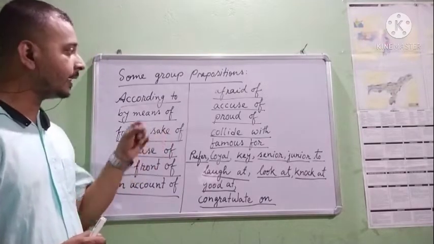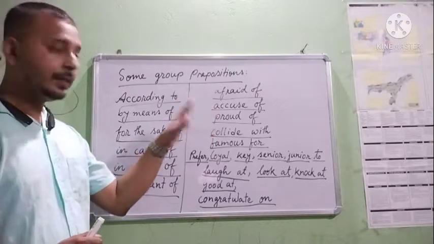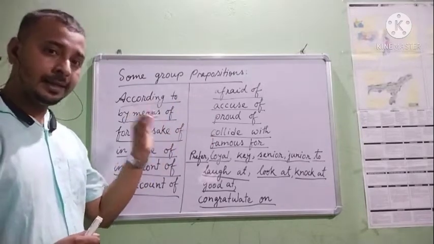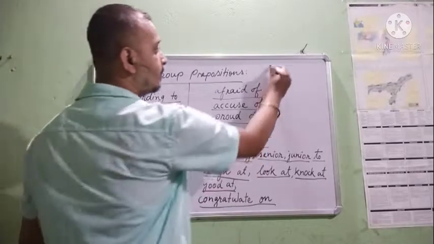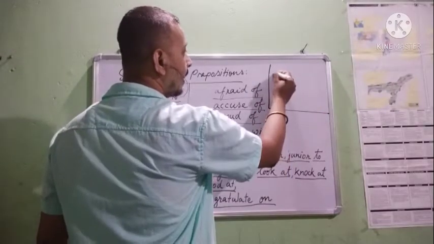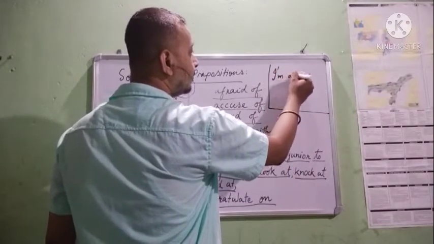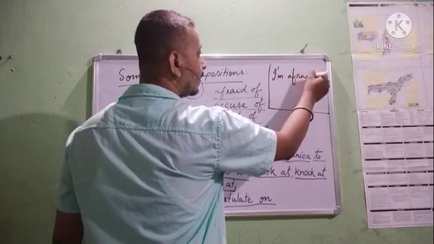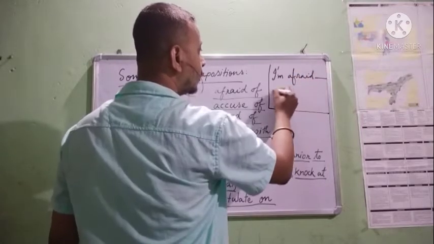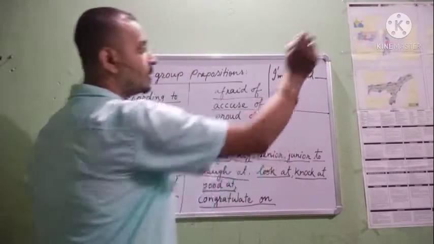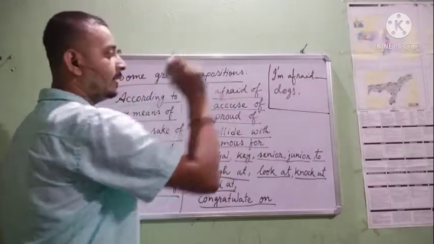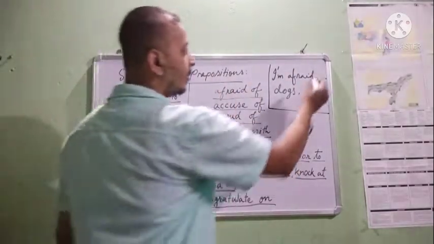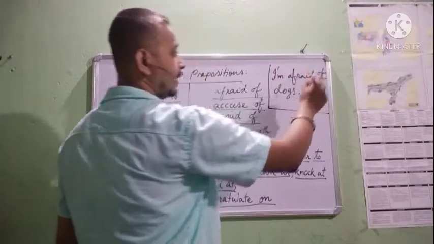Remember these things together like this: afraid of, accused of. In sentences, they may come anywhere. Like one example I show you here: I am afraid dash dogs. So with afraid, if we remember it like this, afraid of, then automatically it will come to our mind in the exam also.